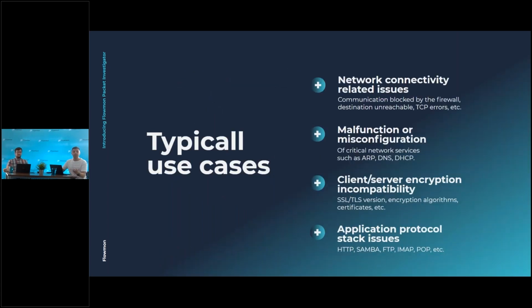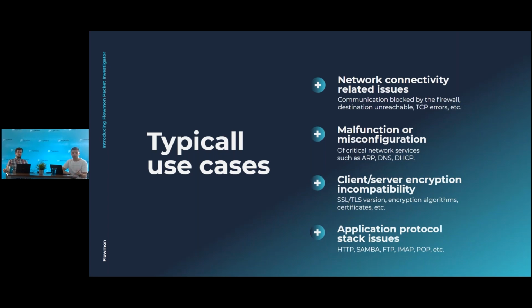What are the typical use cases? Here's the summary, the most common ones. It starts with network connectivity issues, specifically the case where there is some error in the TCP stack, problems with handshake, and problems with losing packets on the way. Then misconfiguration of services.